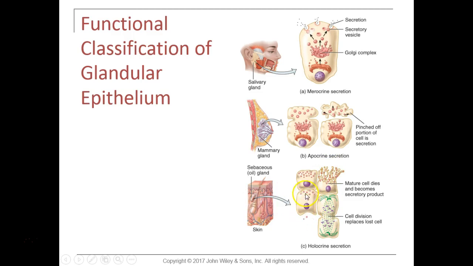While the cells are moving up towards the apical surface where the duct would be located, they are involved in producing their product and storing it in these vesicles again. By the time the cell is totally filled with all of their secretory vesicles, the cell actually sloughs off, exfoliates, if you will, into the duct, and the whole cell becomes the gland's product. So that's called holocrine secretion.